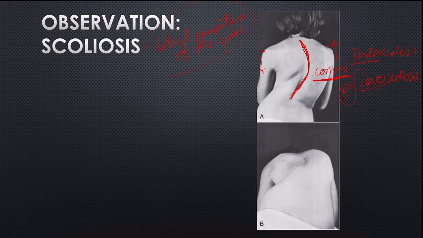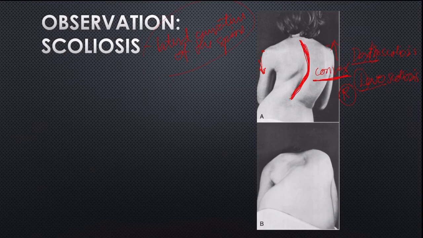Levo, left, starts with letter L. Dextro has a letter R, so it's on the right side. Just to make it easier for you to remember. If one shoulder is higher, usually on the convex side, the other shoulder will be depressed or lowered down.